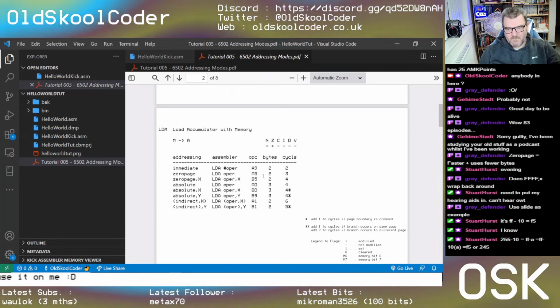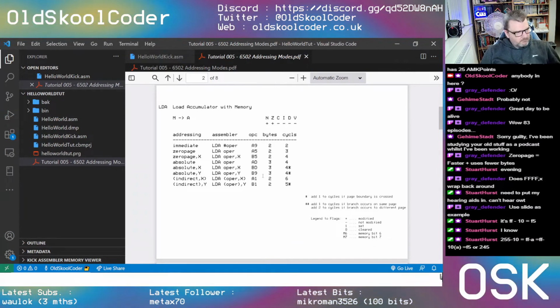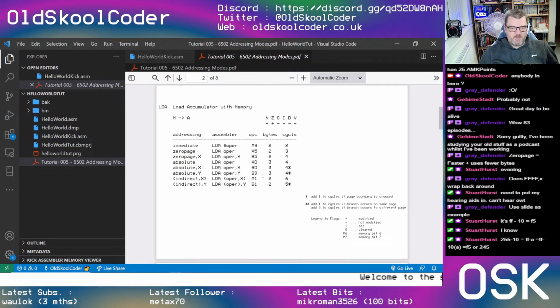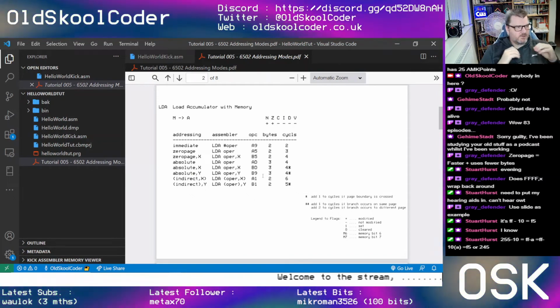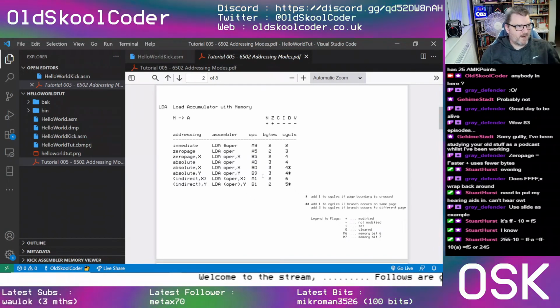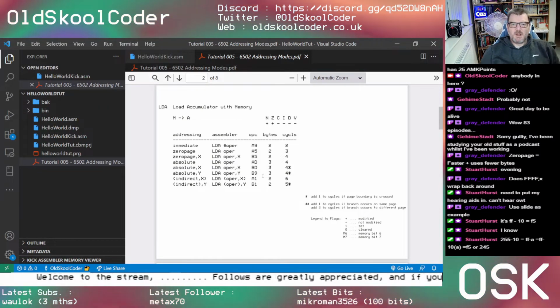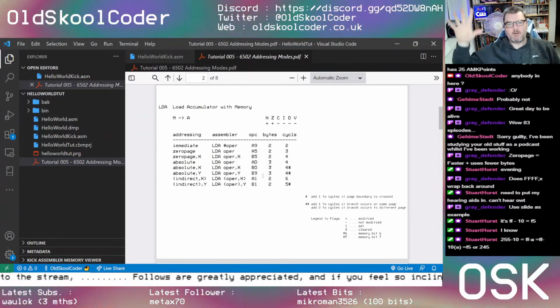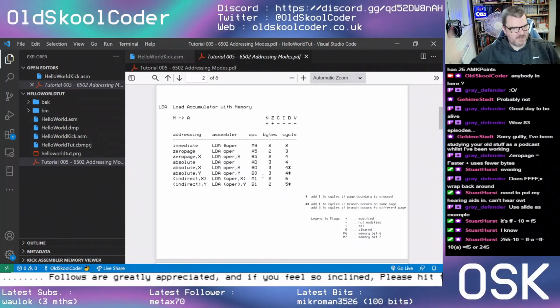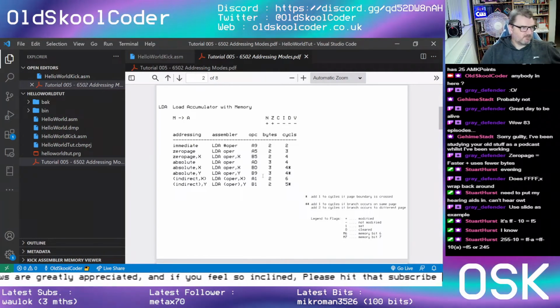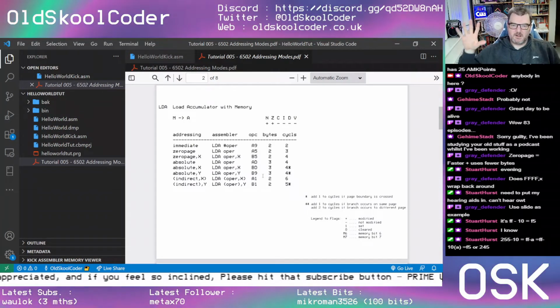So remember, there are two main states. There is the 0 page addressing mode, which is load from 0 page that location, load from 0 page comma X or Y, which is offset. Then absolute, which is that location.